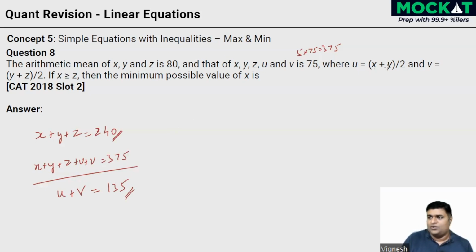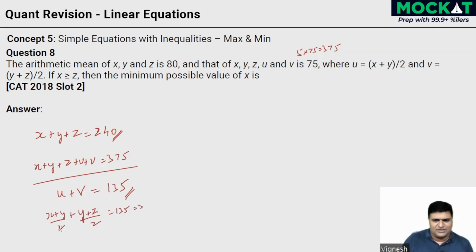So now where u is (x plus y) by 2 and v is (y plus z) by 2, then the minimum possible value of x is what? Let me just substitute these two over here and see what we are getting, right? u is (x plus y) by 2. So (x plus y) by 2 plus v is (y plus z) by 2 equals 135.